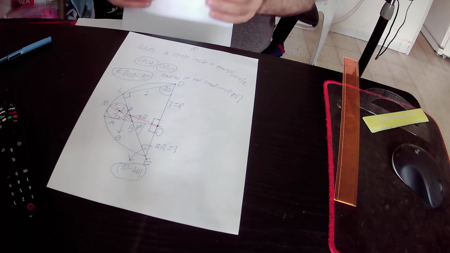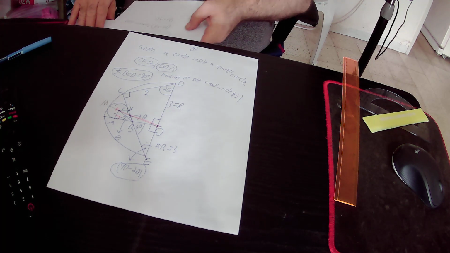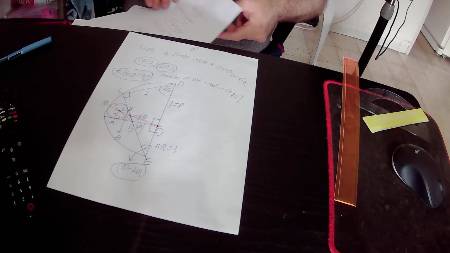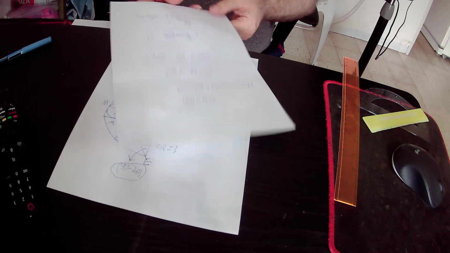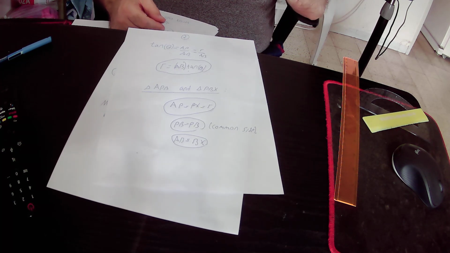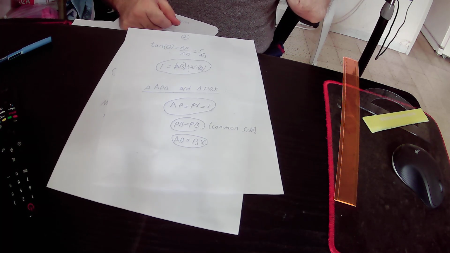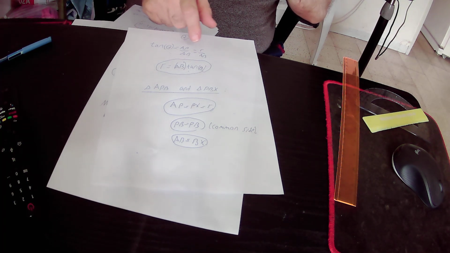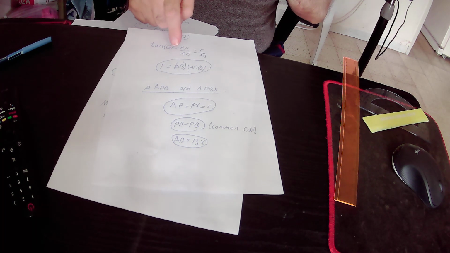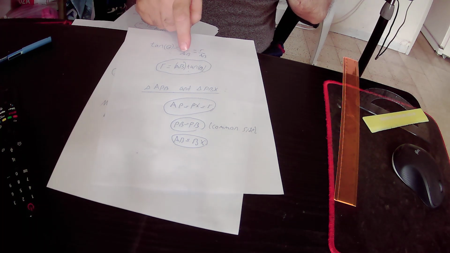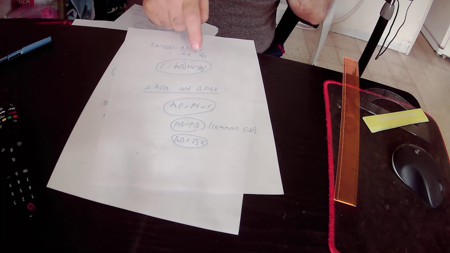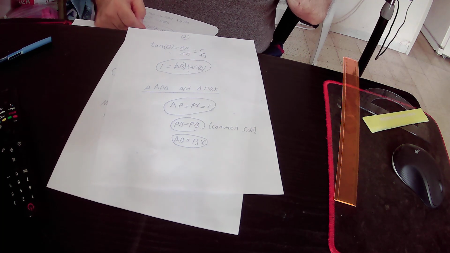Again, we know that tangent theta equals AP over AB, and AP equals R, so R equals AB times tangent theta. So in order to find out the radius, we must find out the value of AB, and also the value of tangent theta.